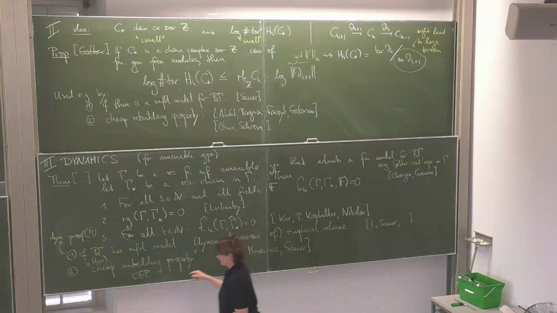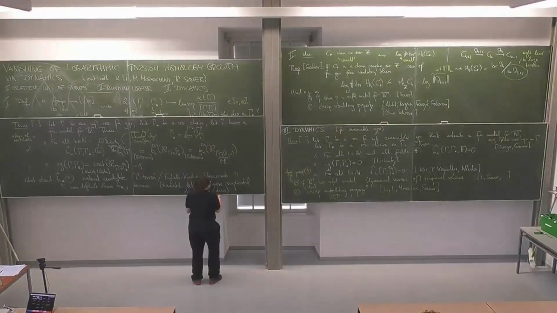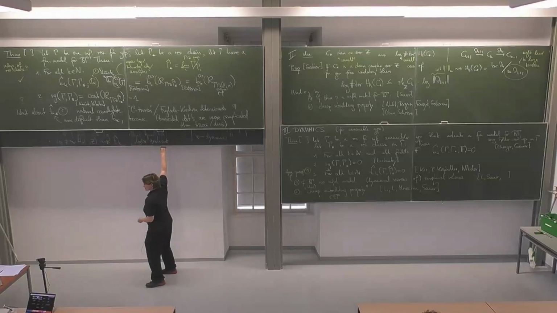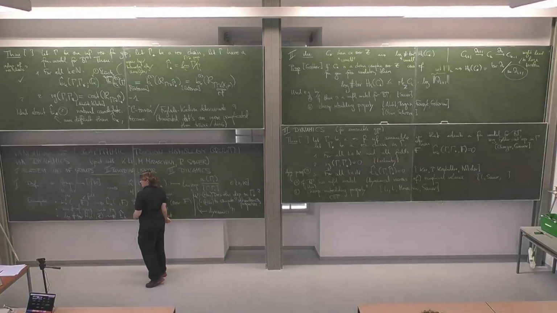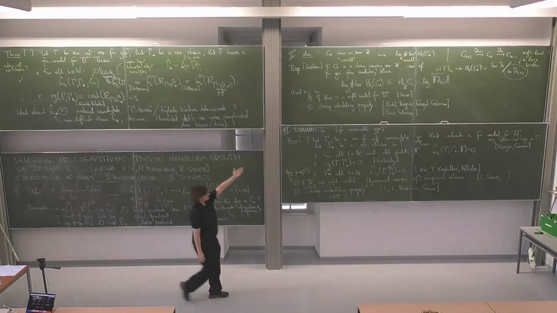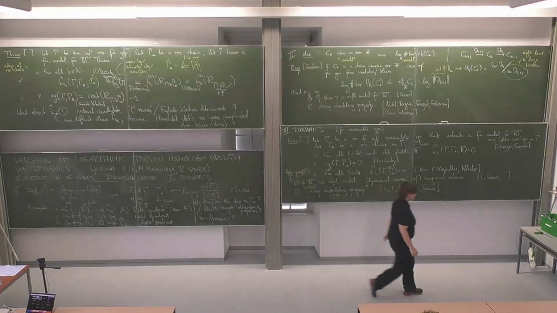I'll explain roughly how this works. We look at this estimate by Gabor, and we reinterpret it in a dynamical language, like the cheap rebuilding property.